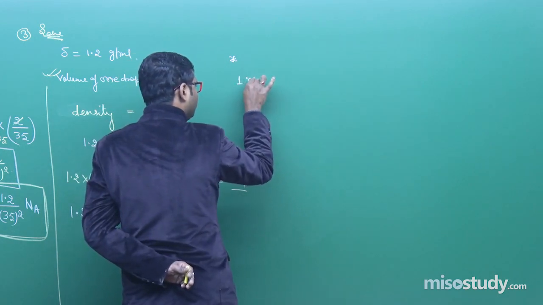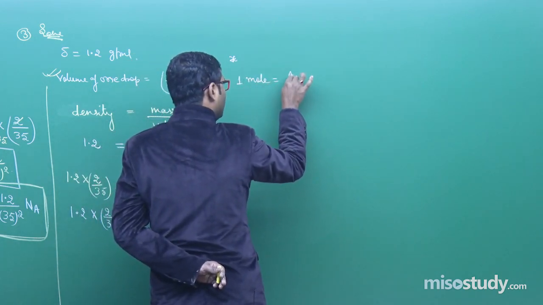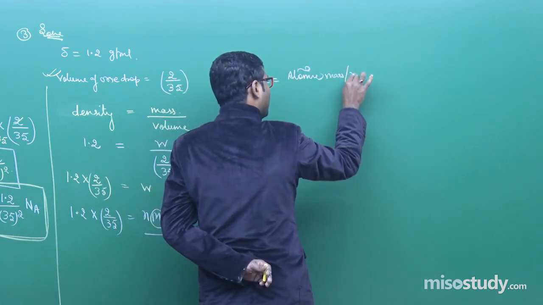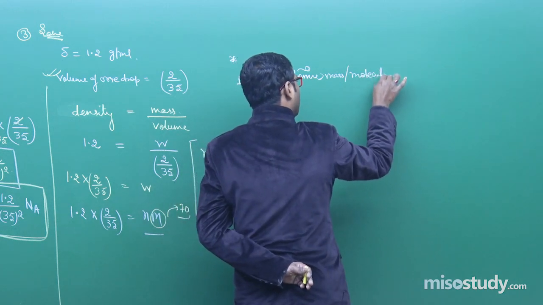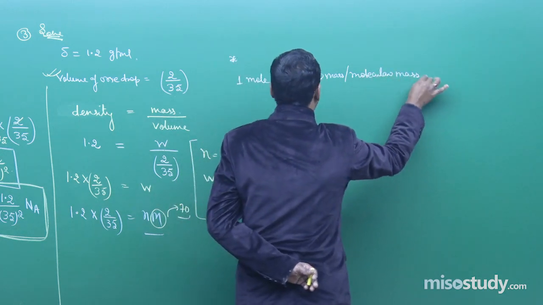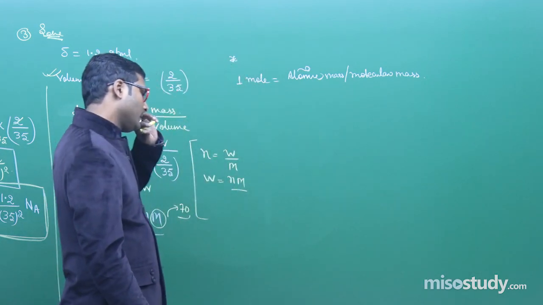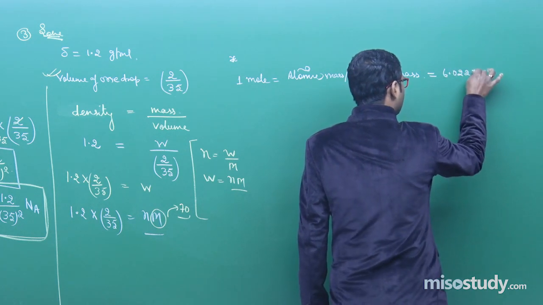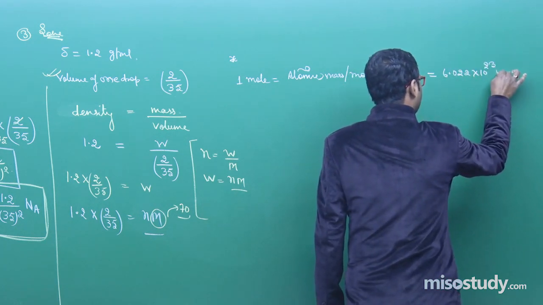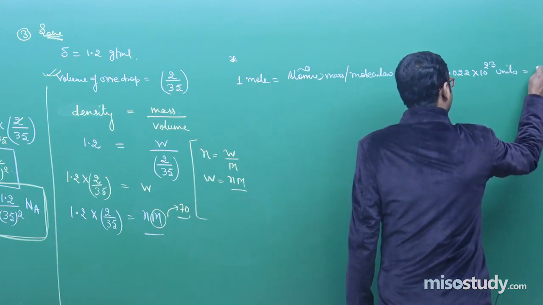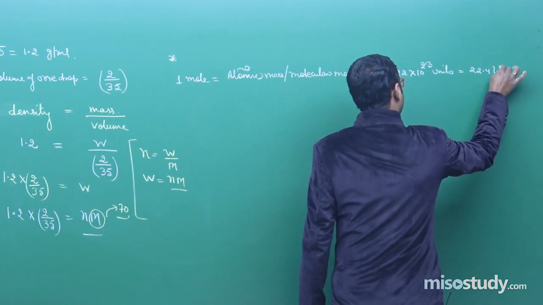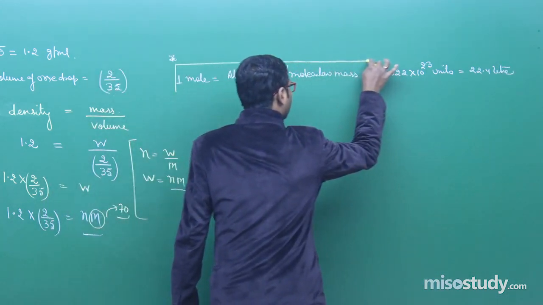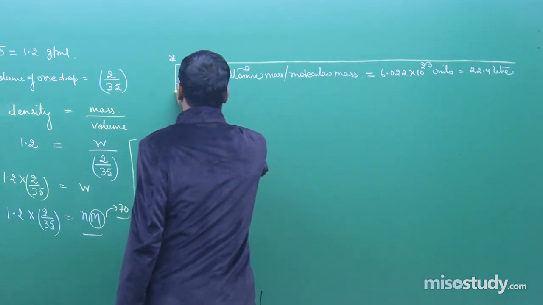Right here, 1 mole will be equal to atomic mass or molecular mass, or Avogadro number 6.022 into 10 to the power 23 units, or you can write 22.4 liter.